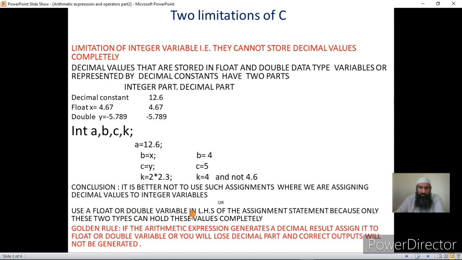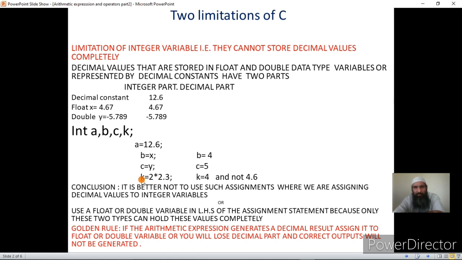Use a float or double variable on the LHS of the assignment statement, because only these two types can hold these values completely. Now whenever on the RHS you will be producing decimal values, always be aware that on the LHS there should be either a float type or a double type of memory location, because only these two types of memory locations can hold the decimal value.